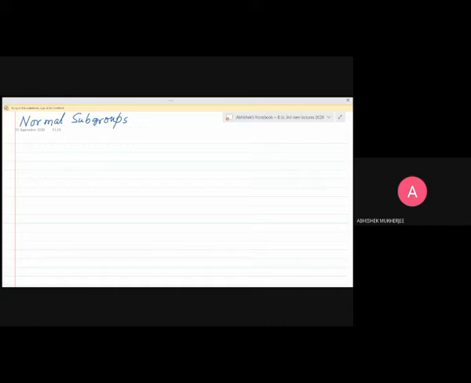First of all, it will give you some indications to construct new groups out of the old ones, and out of these new groups you can find more important types of groups in the study of our group theory. Okay.